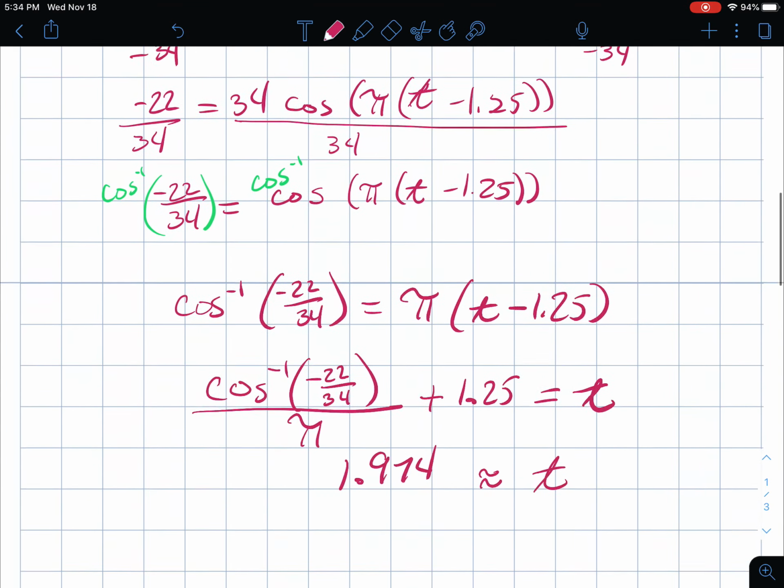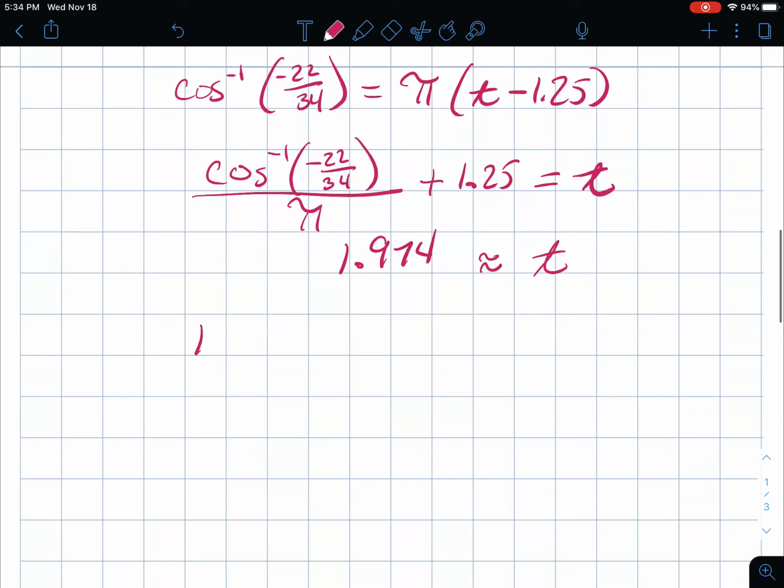So we're going to say, well, what is 1.974 take away 1.25 seconds. Okay, so this is the time from the max to 12 centimeters. The time it takes the gum to travel from the max height to 12 centimeters.